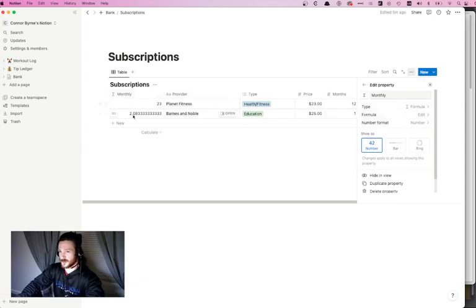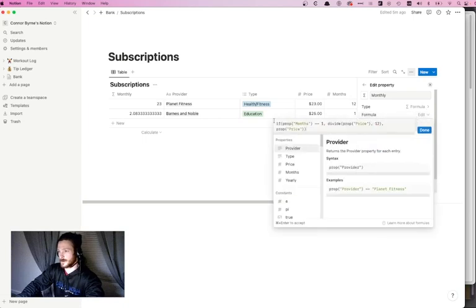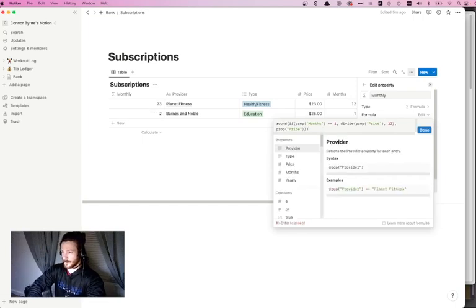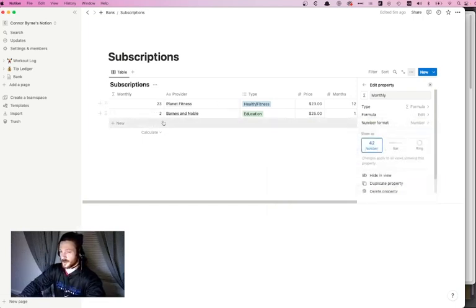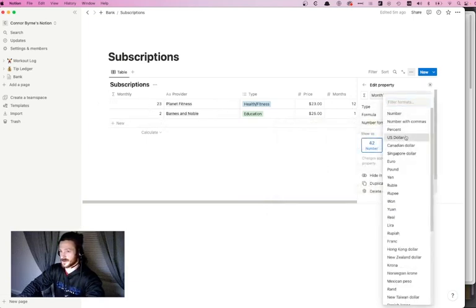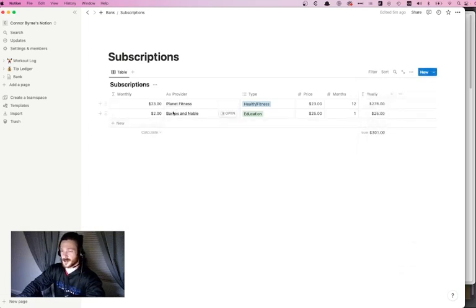Now, because we're getting this repeating number, we could round this number, and you could round it to $2 a month. And again, this is a property that's in a US dollar. So you could say you spend $2 a month, or you spend $23. Now, if you wanted to get specific, that's fine.